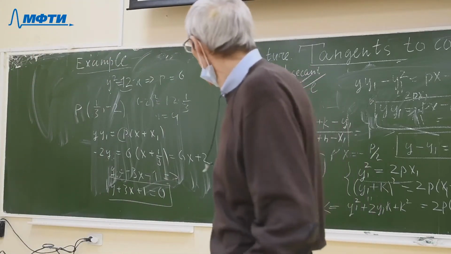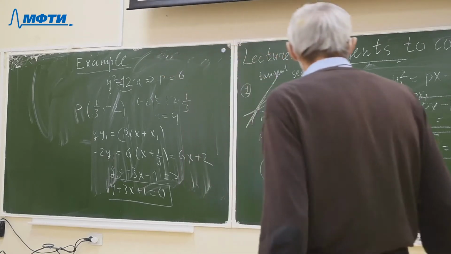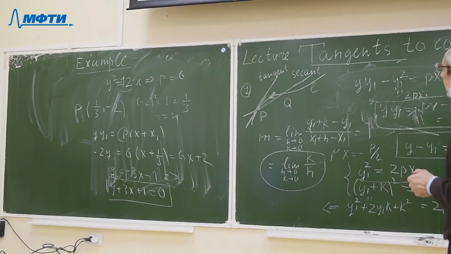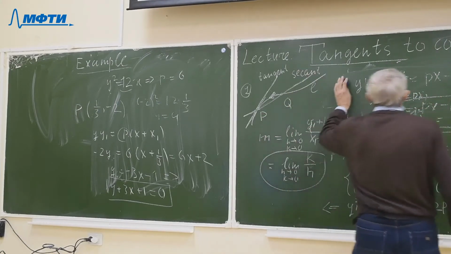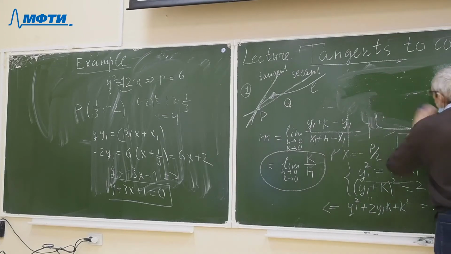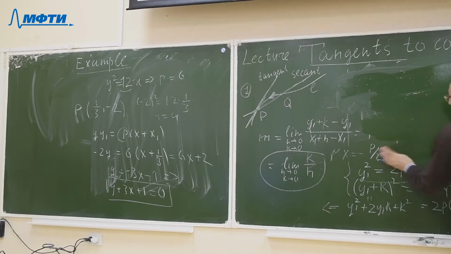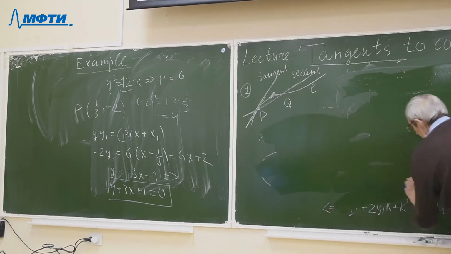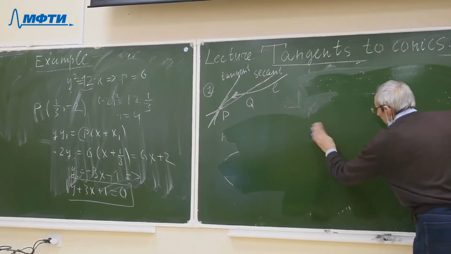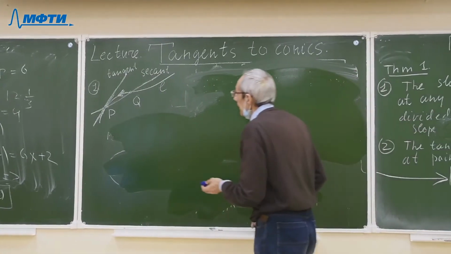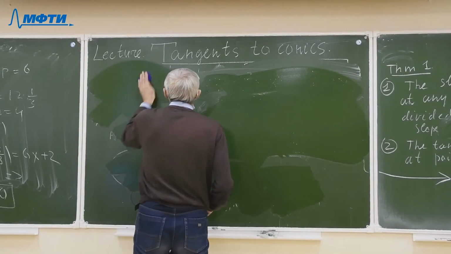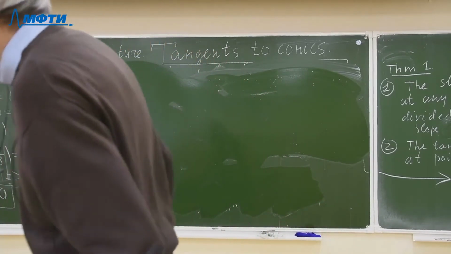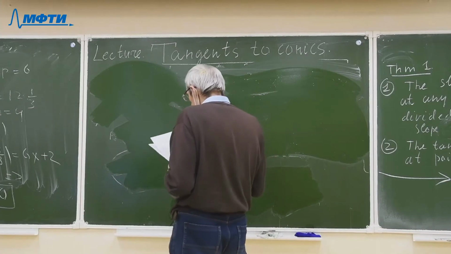Let's continue. The first part of the tangent straight line of parabola is done, now some properties of the tangent line to parabola. And let me formulate some properties.